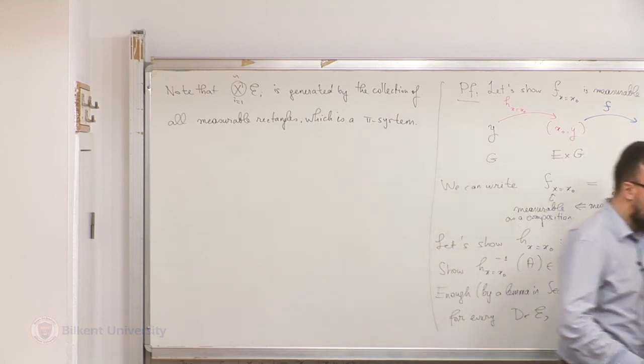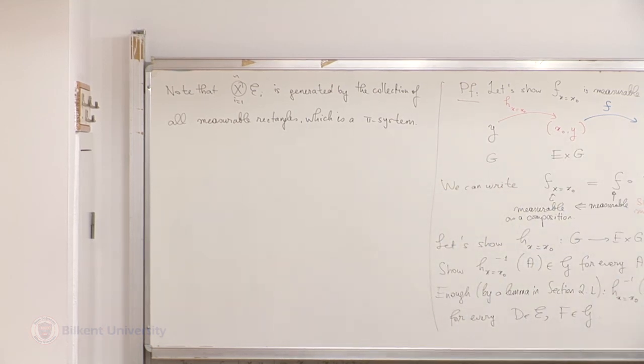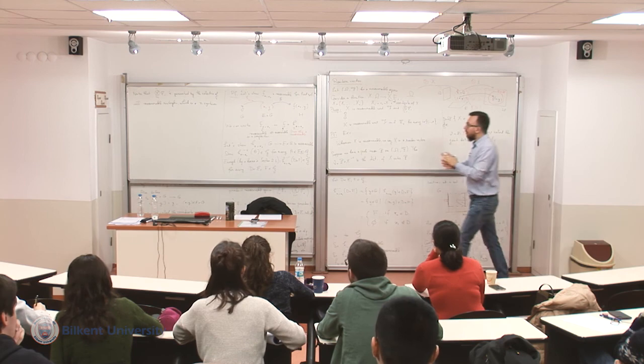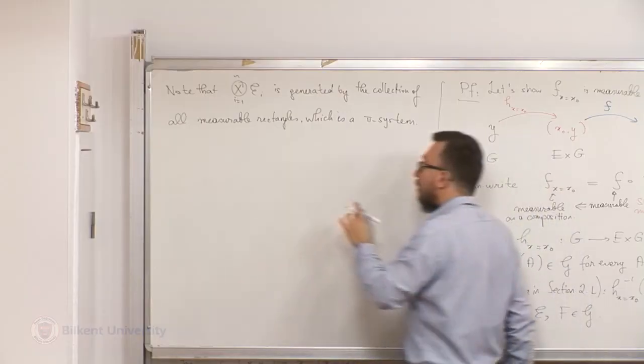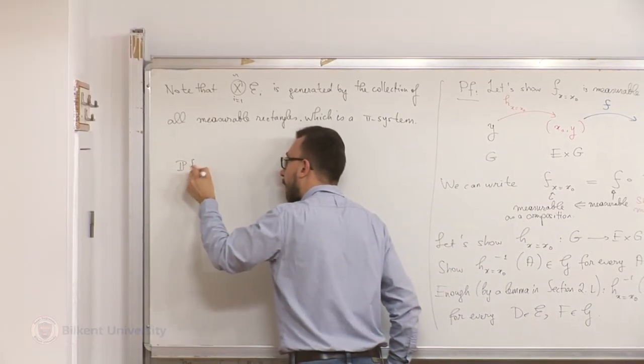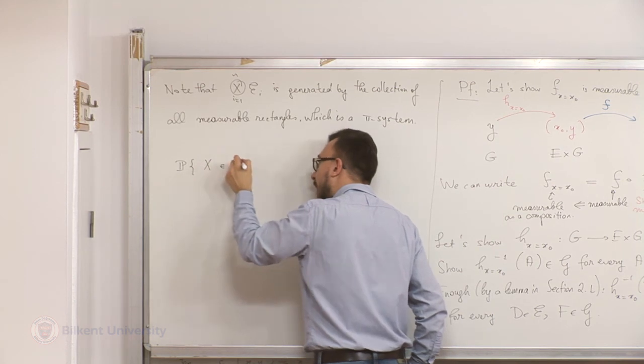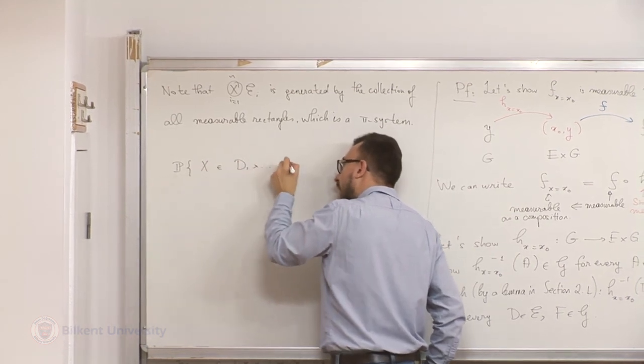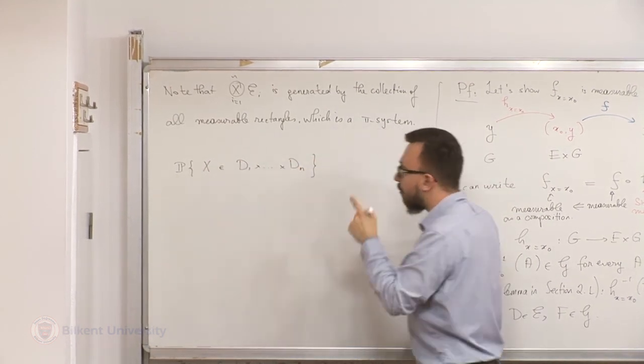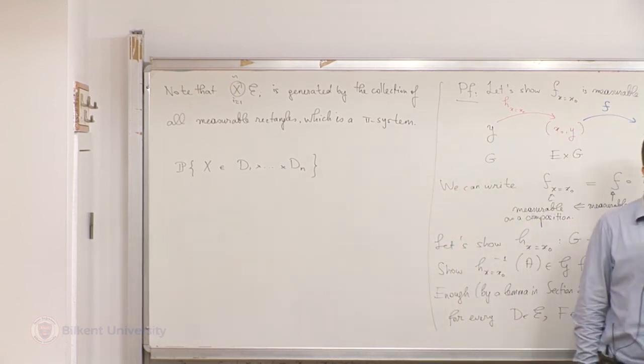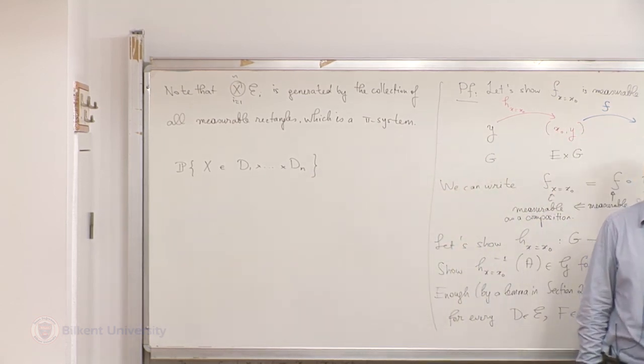Remember the uniqueness result for probability measures: if you have two probability measures that agree on a pi system, then they must agree on the full sigma algebra. So if you look at the values of the distribution at measurable rectangles, these probabilities characterize the whole distribution.